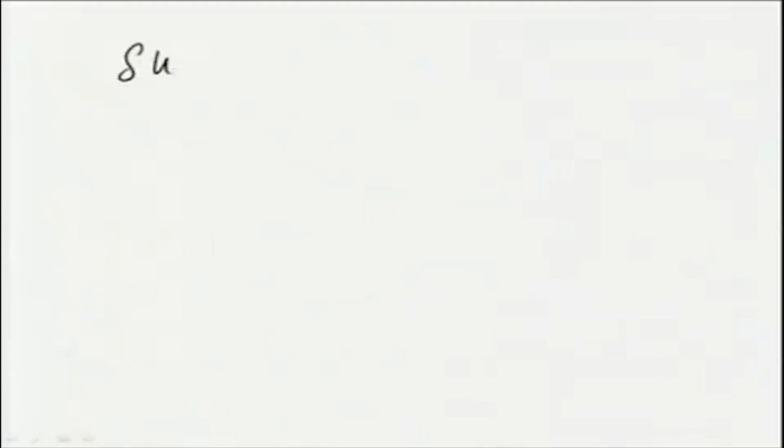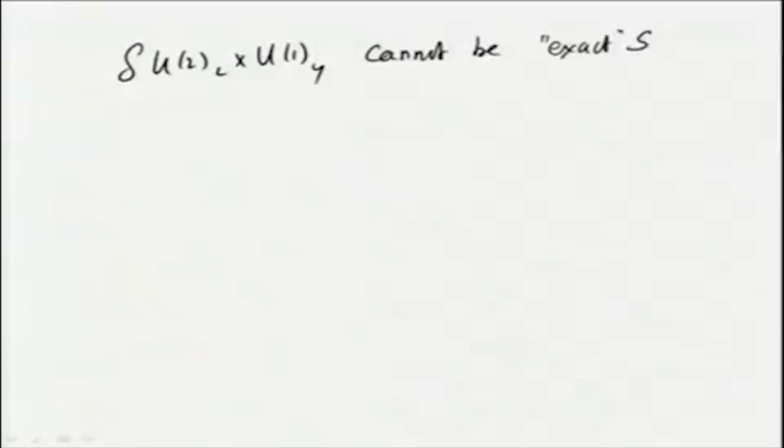And we saw also that SU2L cross U1Y cannot be an exact symmetry, because there are masses for all these particles, and to generate the mass for these particles we need to break the gauge invariance.